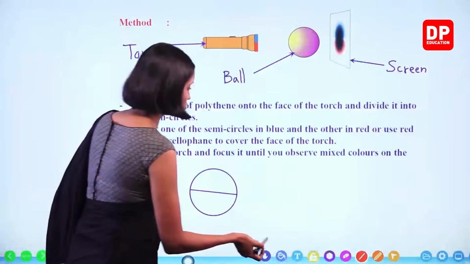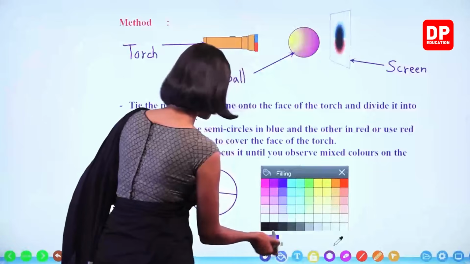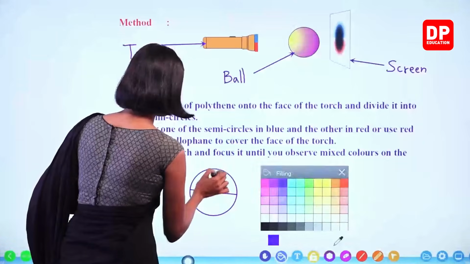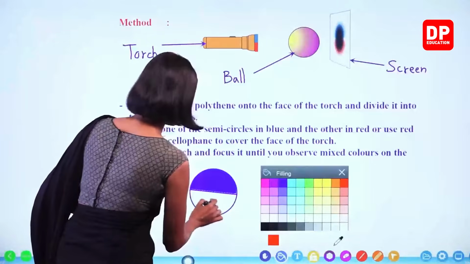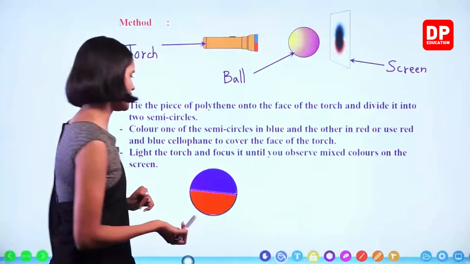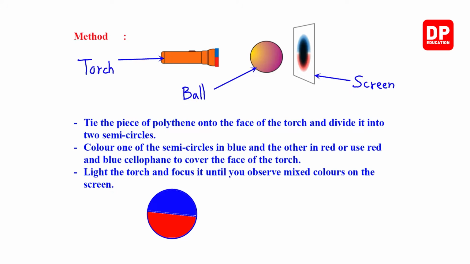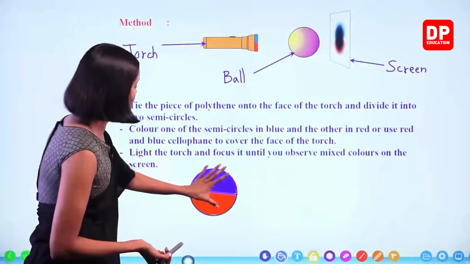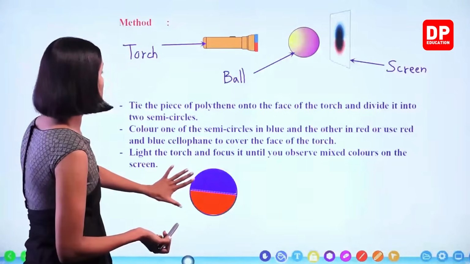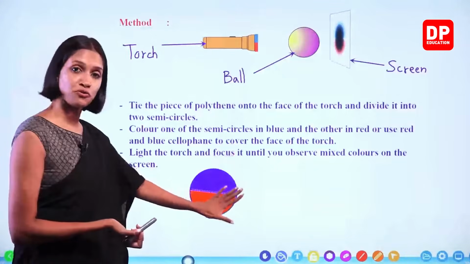Okay, so how to do this one? Right, so we can take one piece blue, the other piece in red, or whatever the two colors you have. It's better to use bright colors. Okay, children? Now, when you consider the face of the torch, you have to cover it with a piece of polythene or cellophane.